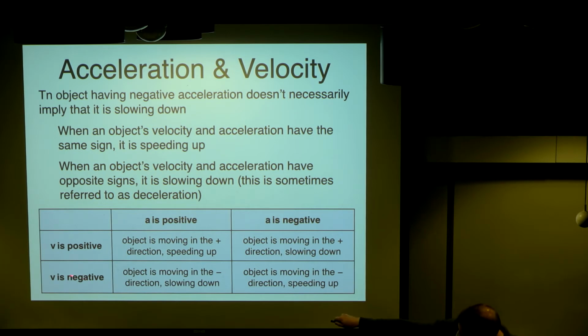Because velocity is negative, we're moving in the negative direction, and because they have opposite signs, we're slowing down. What if A is negative, V is positive? Positive velocity means we're moving in the positive direction, but the opposite signs mean we're slowing down. The last case is they're both negative. That means we're moving in the negative direction, but we're speeding up because the signs are the same, okay? That's how you want to think about this.